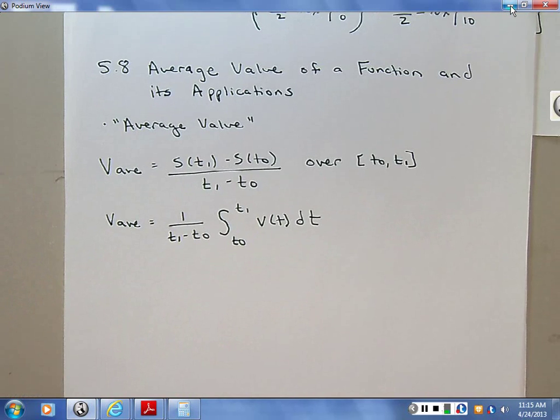This leap shouldn't be too hard to make, right? If I integrate velocity, I get position. If I plug in my upper bound minus my lower bound, I get my change in position. Change in position divided by time is the average velocity.